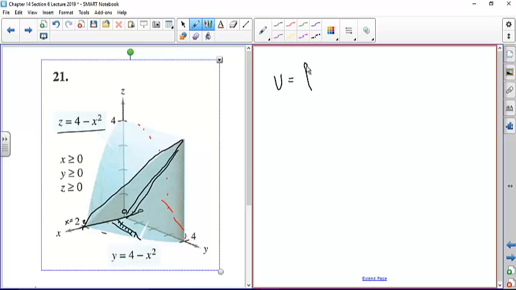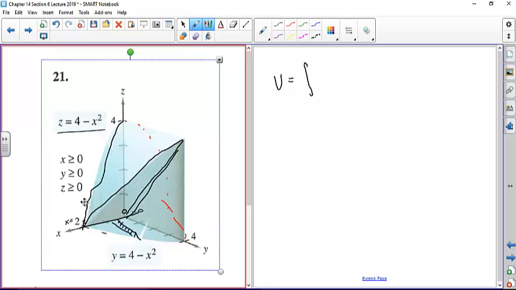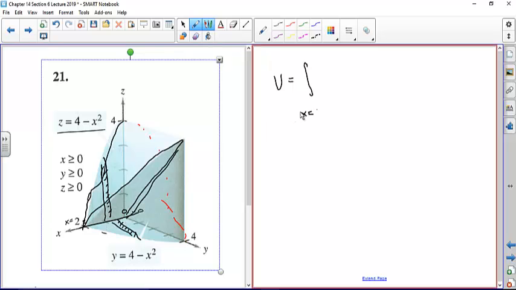So what we do is we integrate, this part here is going to be the top surface now. So what I have is this in the xz plane, and if I draw a rectangle this way, I'm going to integrate from x equals 0 to x equals 2. And then in the z direction, I'm going to go from z equals 0 to z equals 4 minus x squared. And then I'm going to integrate with respect to y.